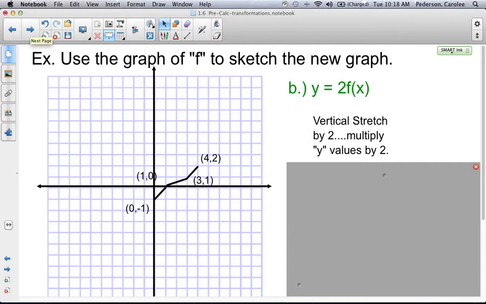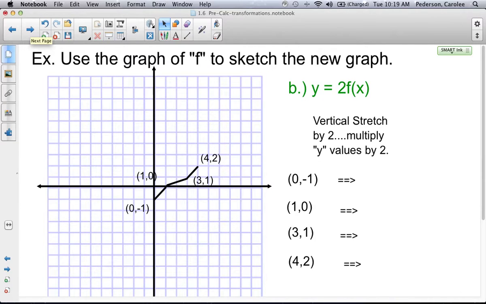Take every y value and multiply it by 2. So you could either do it in your head and then make those changes on the graph, or we're going to just write it down on the right-hand side. So if you want to just graphically do it, or in your head, or what we're going to do over here. So I'll give you a little bit of time to write up this graph.